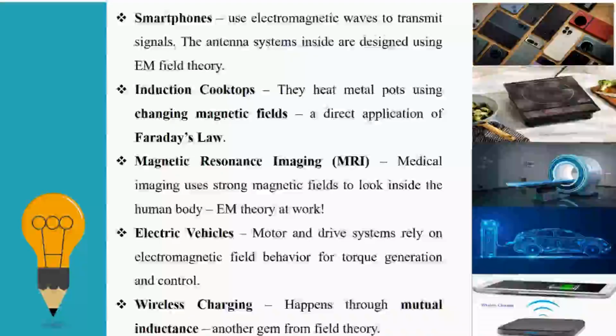The motor and drive systems depend on electromagnetic field behavior for torque generation and control. And of course, the wireless charging system happens through the mutual inductance concept. That is also another gem from field theory.